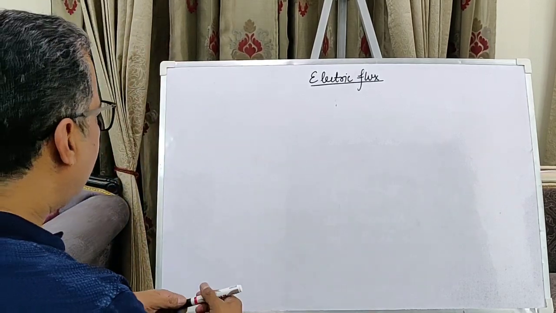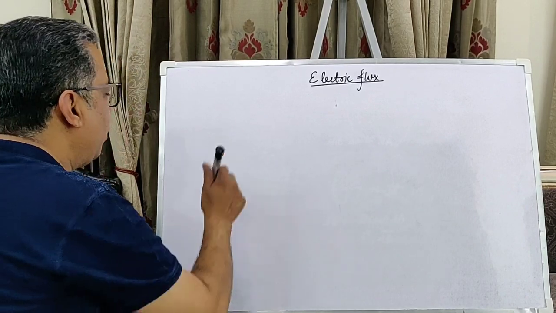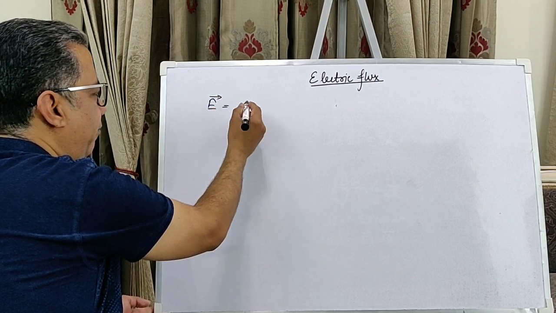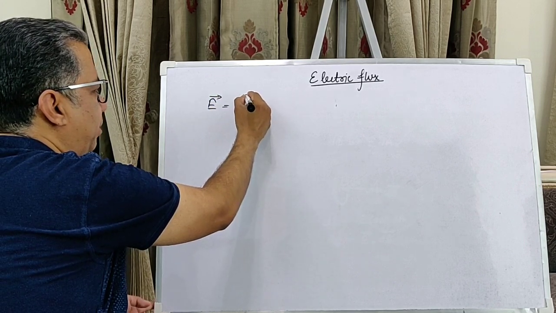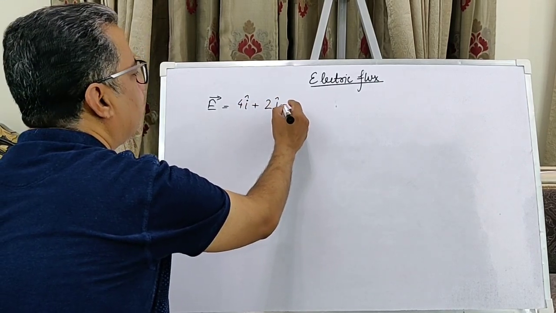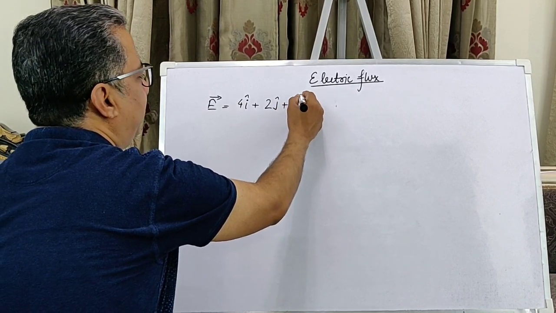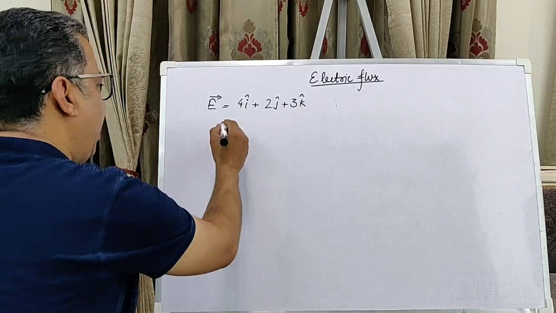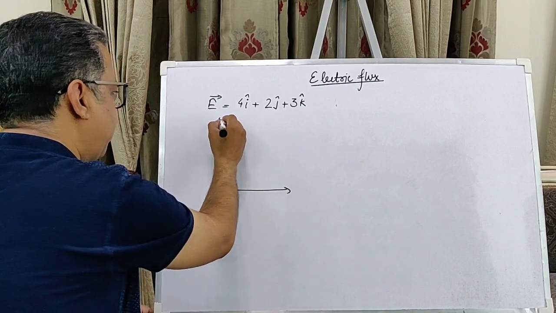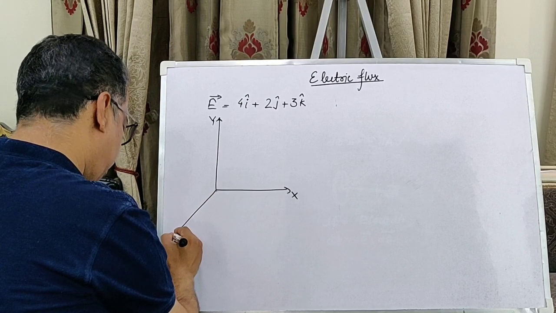Now, let's first take a simple example. Let's say we have an electric field given by 4i cap plus 2j cap plus 3k cap, and these are our coordinate axes, x, y, and z.